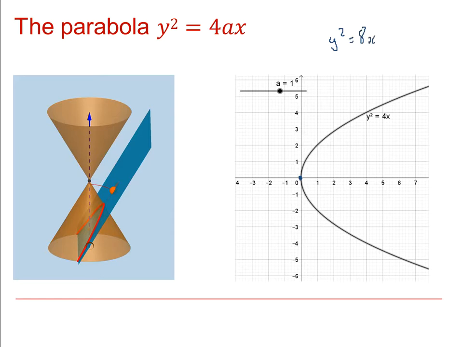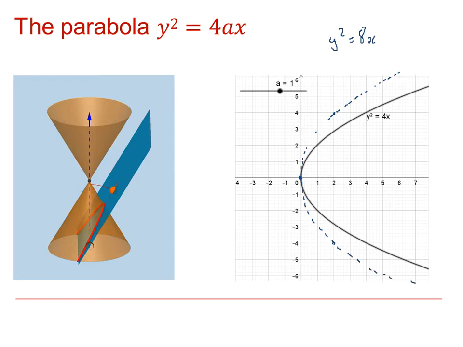When x is equal to 2, that would give us y squared is equal to 16, so y is equal to 4, or negative 4. And you can see that the curve is going to be something like this, certainly going through the point (2, 4), and coming downwards similarly is just a reflection of the upper half.